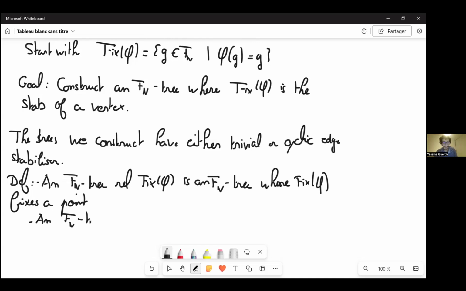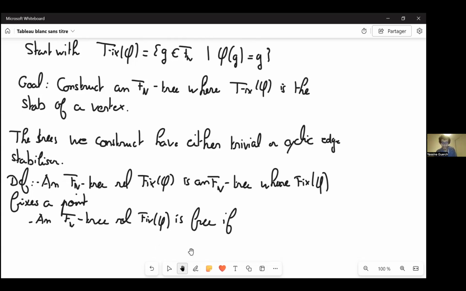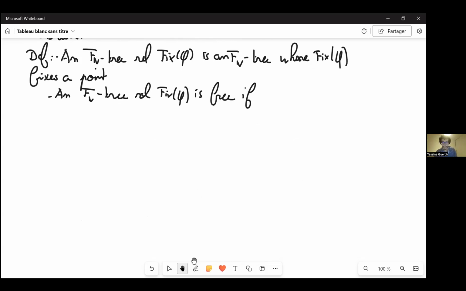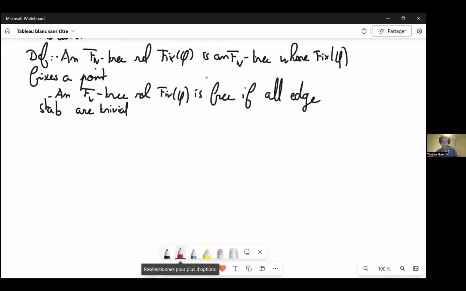An FN tree relative to fixed phi is free if all edge stabilizers are trivial. And it is cyclic if all edge stabilizers are cyclic.